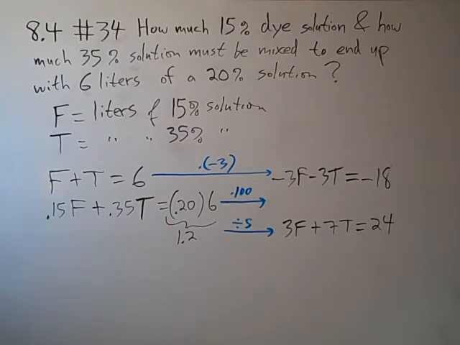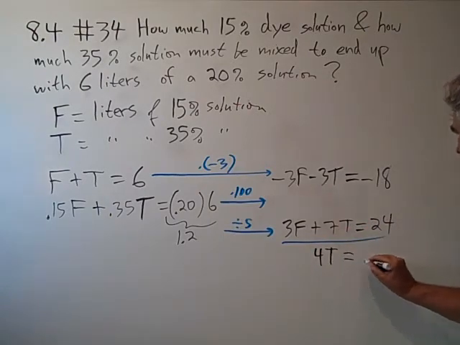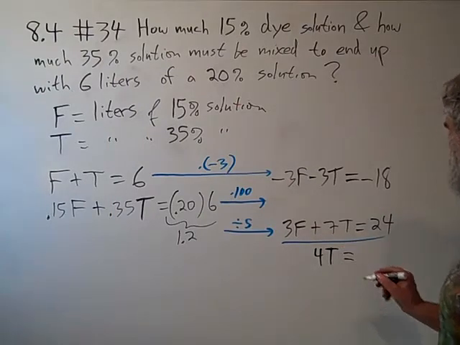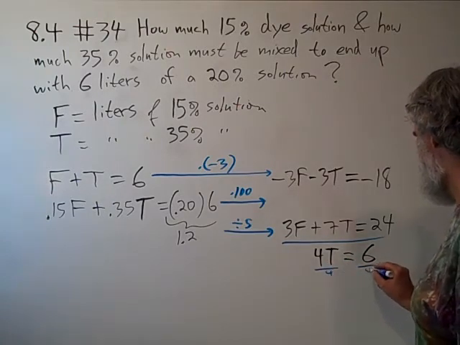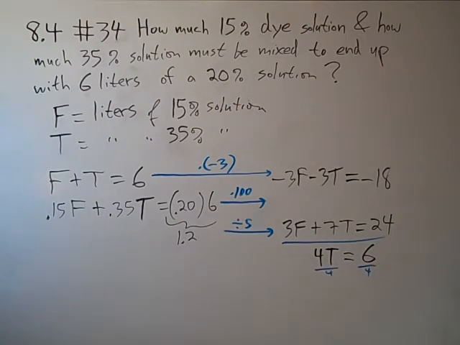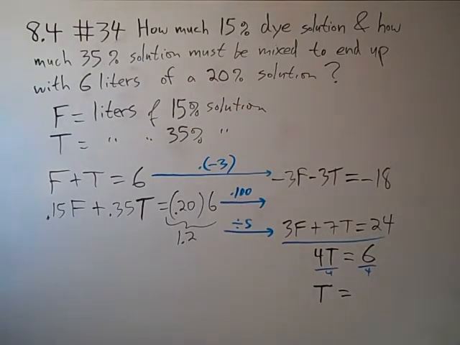So adding these two equations together, the F's cancel out, and we're left with 7T minus 3T is 4T, and so 4 times T is equal to 24 minus 18, which is 6. So dividing both sides by 4, we get that T is equal to 6/4. Now 6/4 is 1.5.